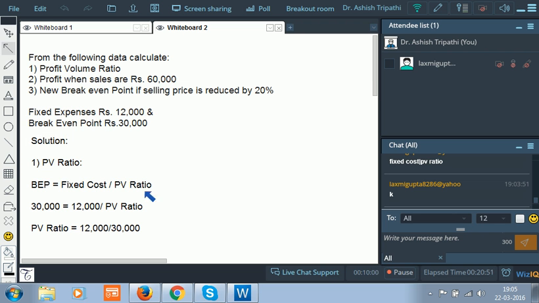Now how we have done this: PV ratio will go to that side, so it will multiply, so it becomes 30,000 into PV ratio. Then this 30,000 again will come here; 30,000 is multiplied here, so it will be divided here, so it becomes PV ratio is equal to 12,000 upon 30,000.